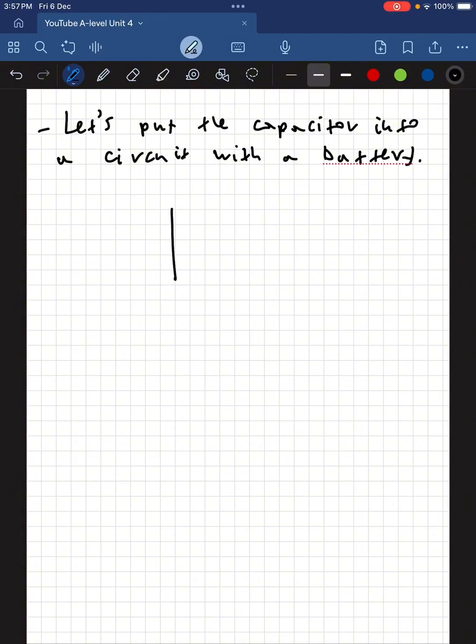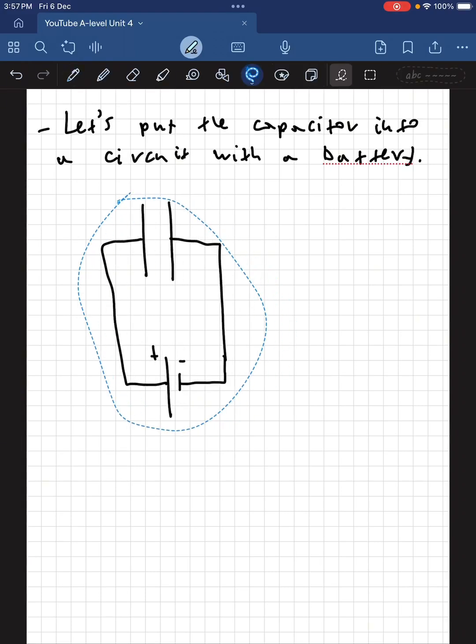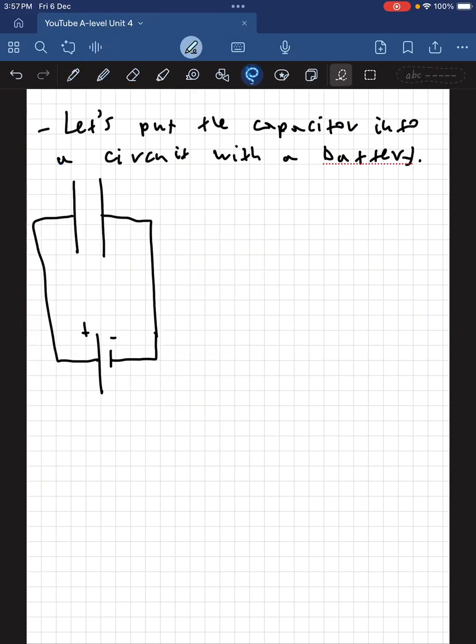So the situation is going to look like this. By the way, this is how a parallel plate capacitor is drawn in electric circuits. This is my battery, plus side, the minus side, etc.